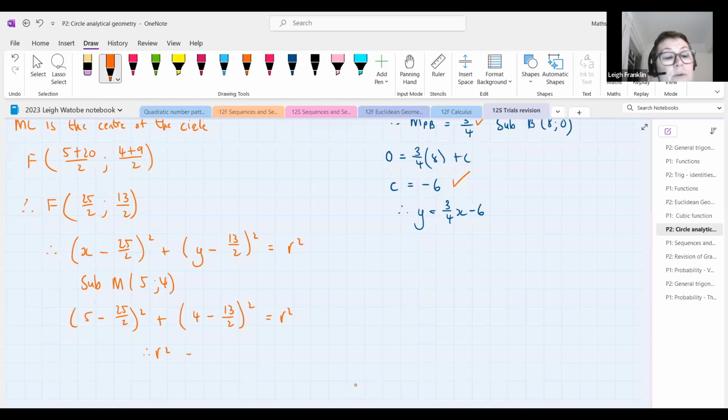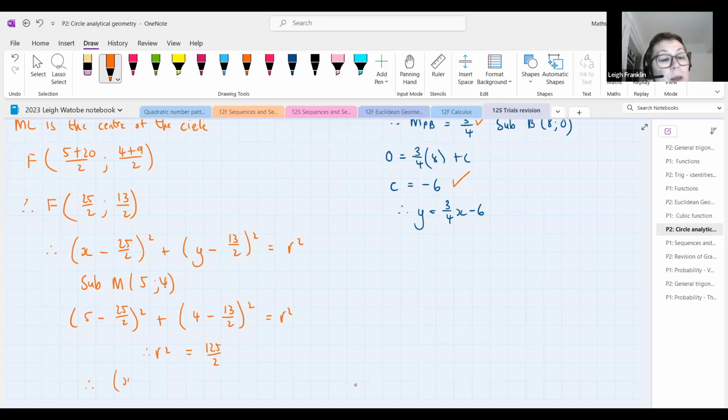So therefore r squared would be equal to... I'm getting 125 over 2.